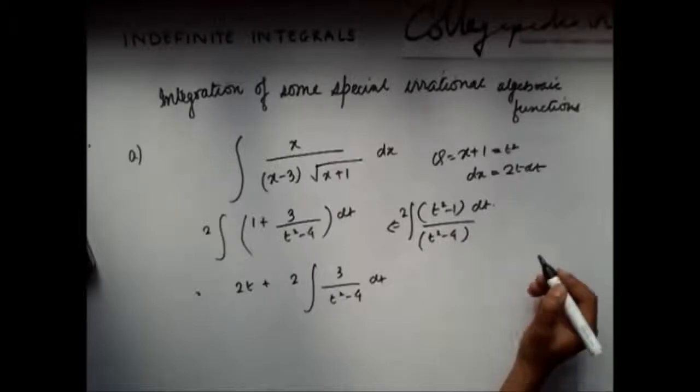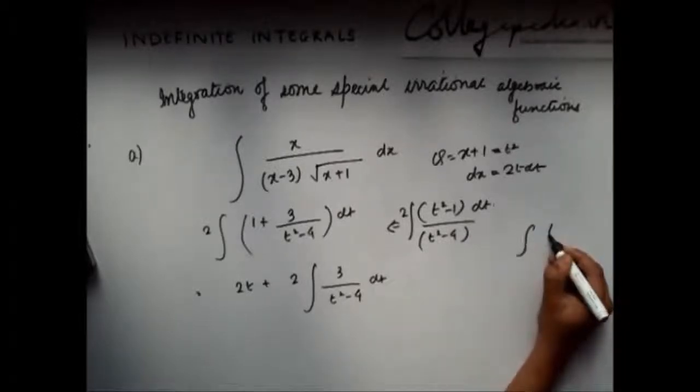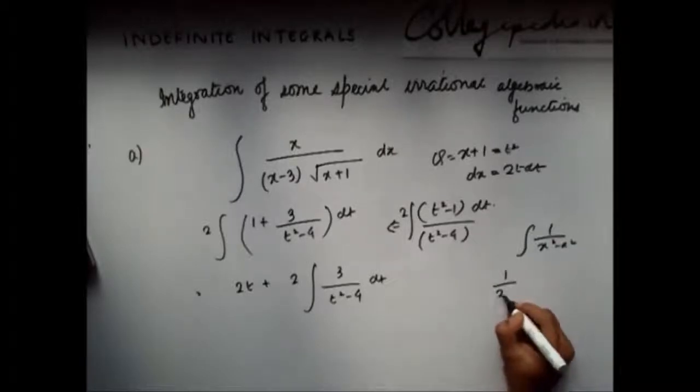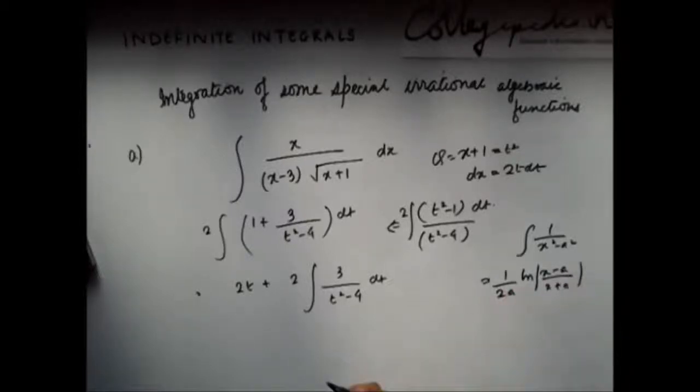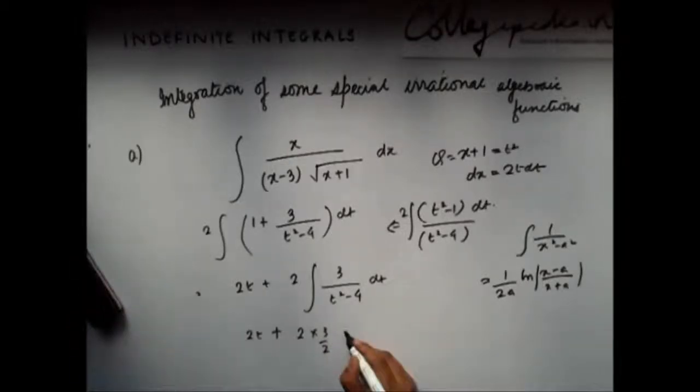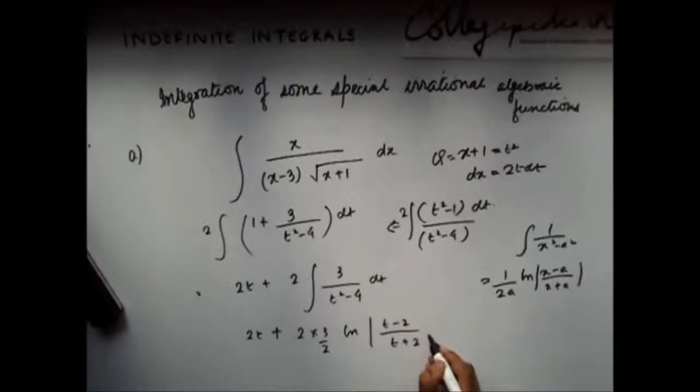And you know this is of the form integration of 1 by x square minus a square, whose solution is 1 by 2a ln of x minus a by x plus a, right? So this becomes 2t plus 2 times 3 by 4 ln of t minus 2 by t plus 2, plus some constant c.